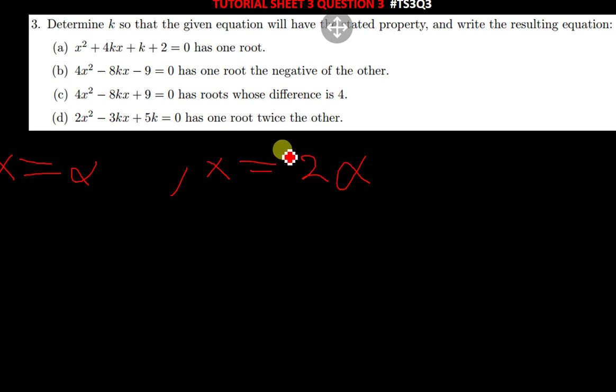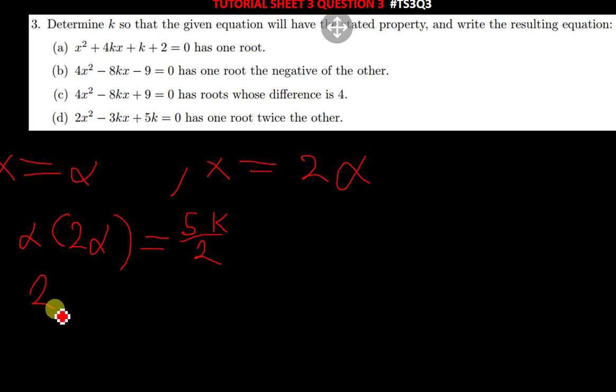So here multiplication of 2 roots, alpha and 2 alpha, should give us c, meaning 5k over 2. So you have 2 alpha squared being equal to 5 over 2k.